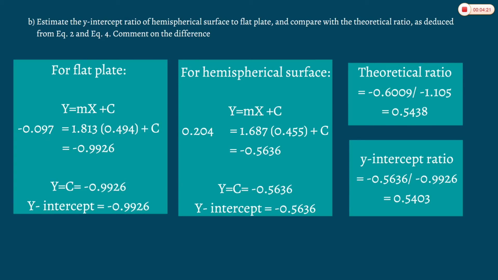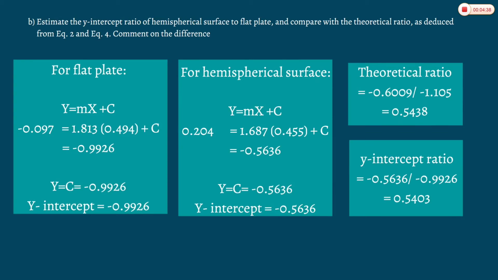So B, estimate the y-intercept ratio of hemispherical surface to flat plate and compare with the theoretical ratio as deduced from equation 2 and equation 4. Comment on the difference.